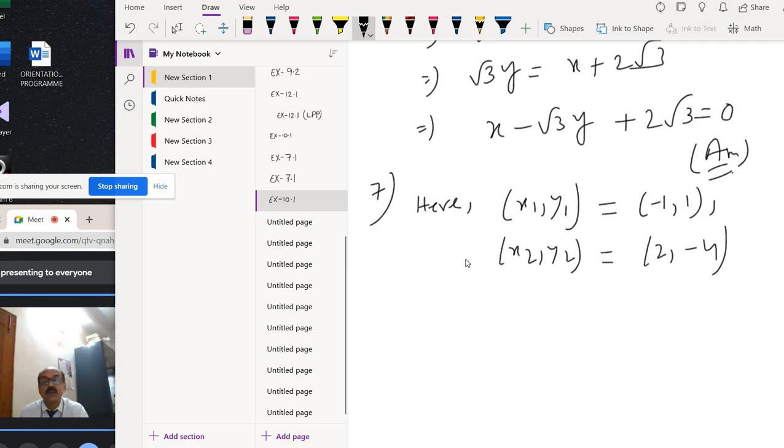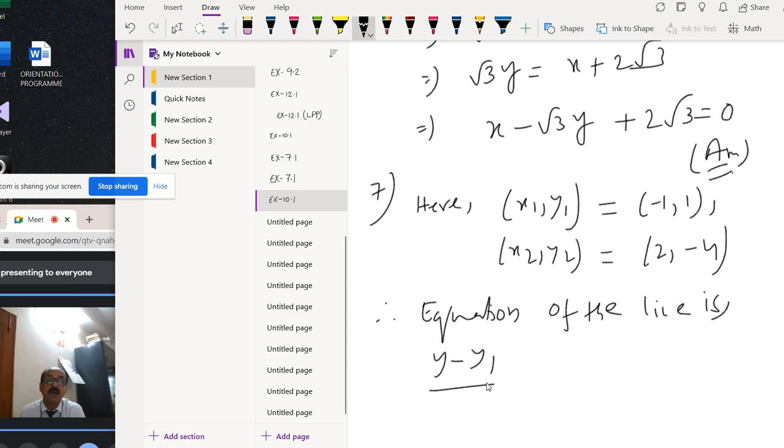Therefore the equation of the line is y minus y1 by x minus x1 equal to y2 minus y1 by x2 minus x1.